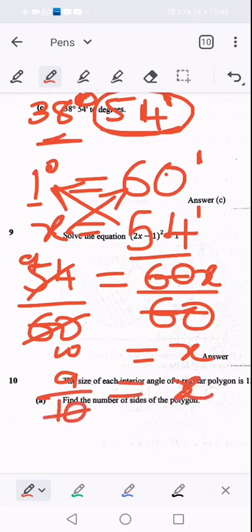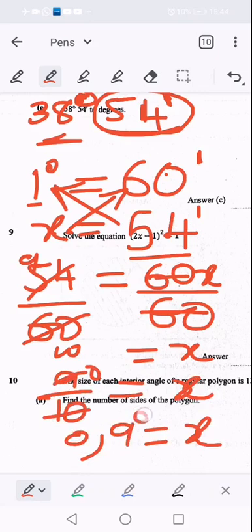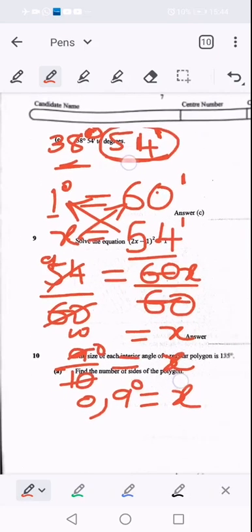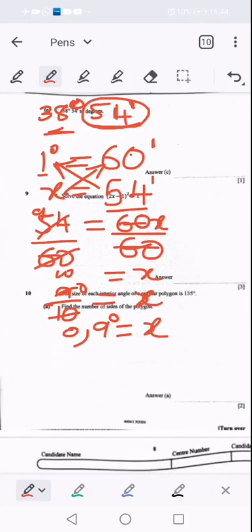Then 9 divided by 10 is 0,9, so x equals 0,9. This means that 54 minutes is 0,9 degrees. Listen now. We have 38 degrees.